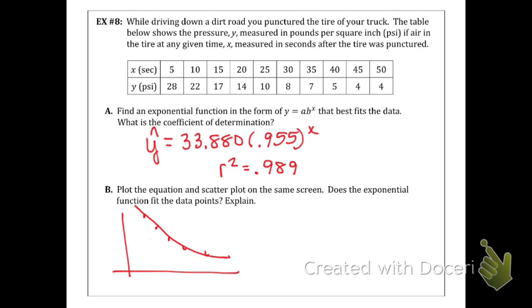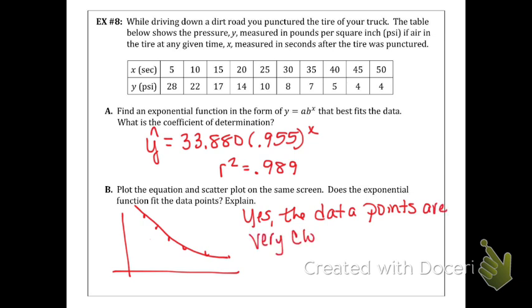Yes, the data points are very close to the curve of the regression equation.